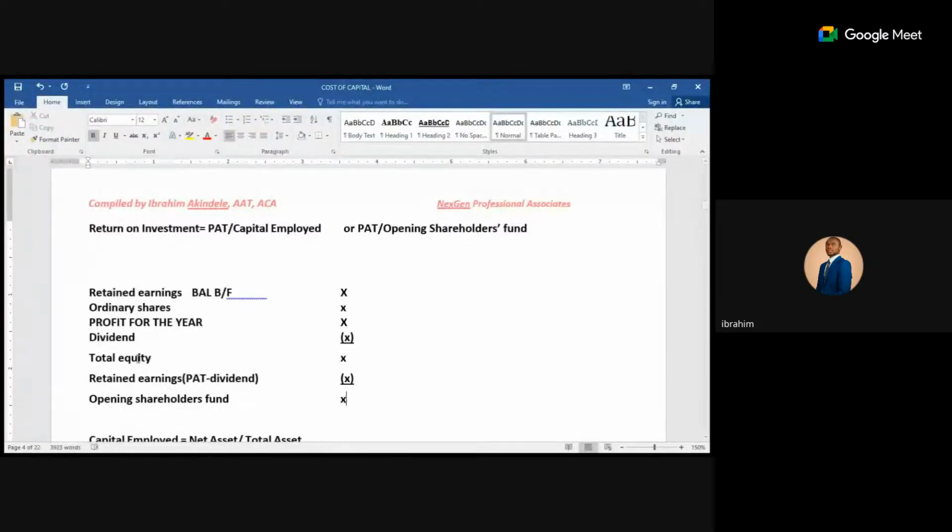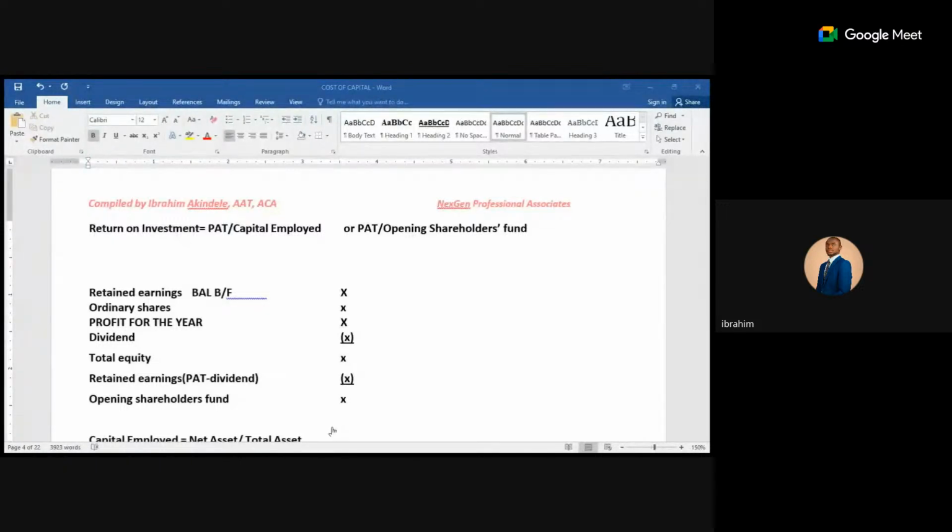So opening shareholders fund means total equity of the previous year. We don't need the current year equity, right? What we need is the previous year, and you have retained earnings and the ordinary shares.